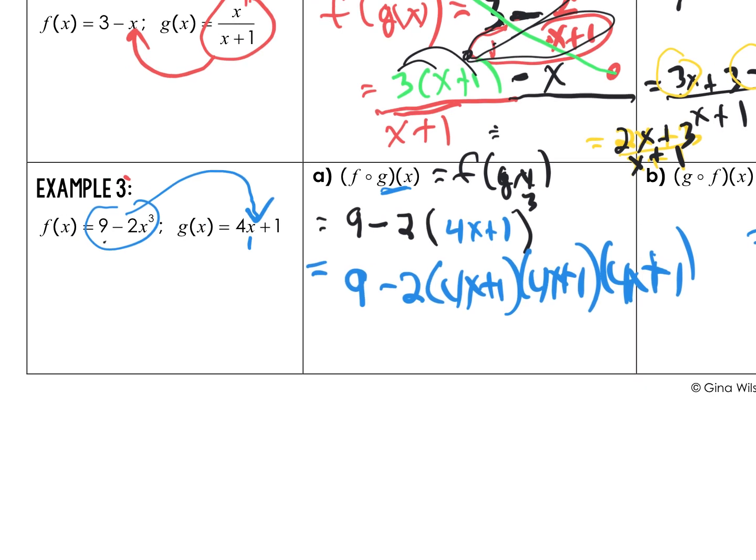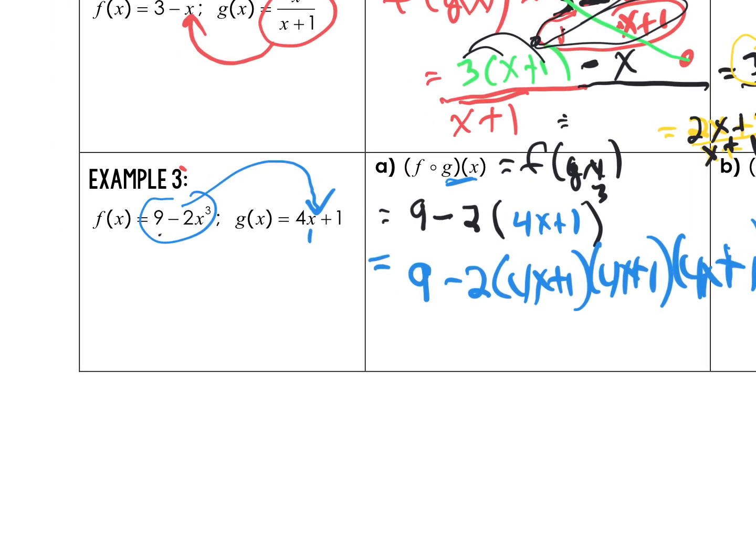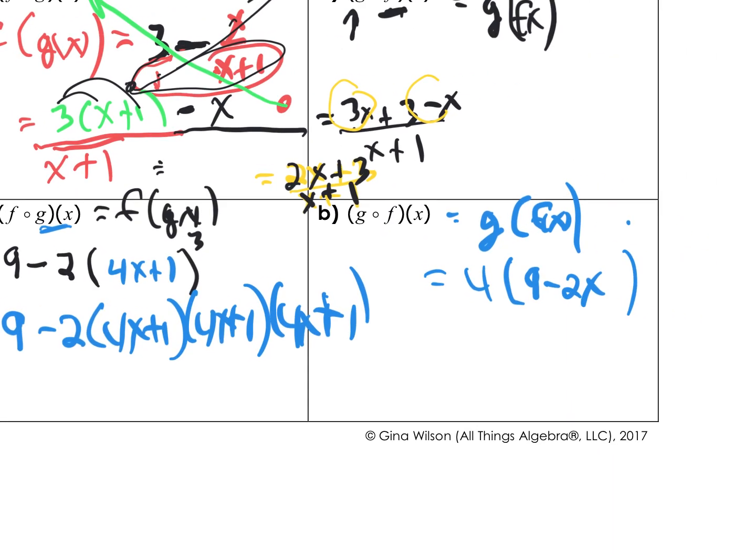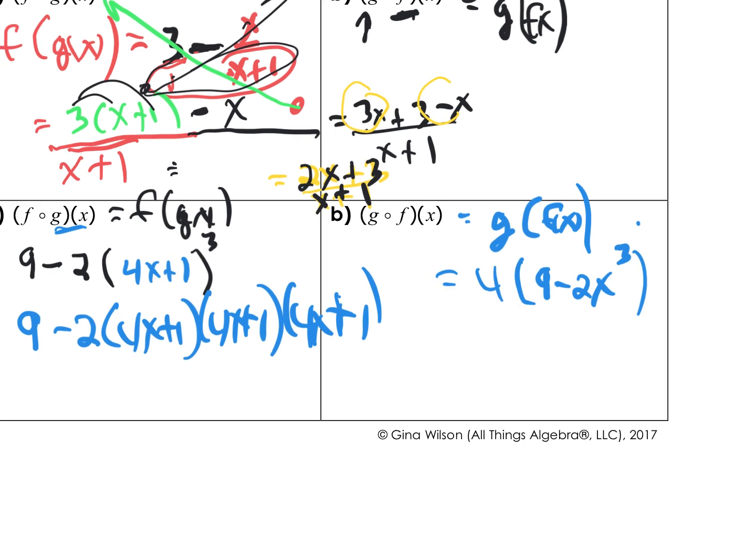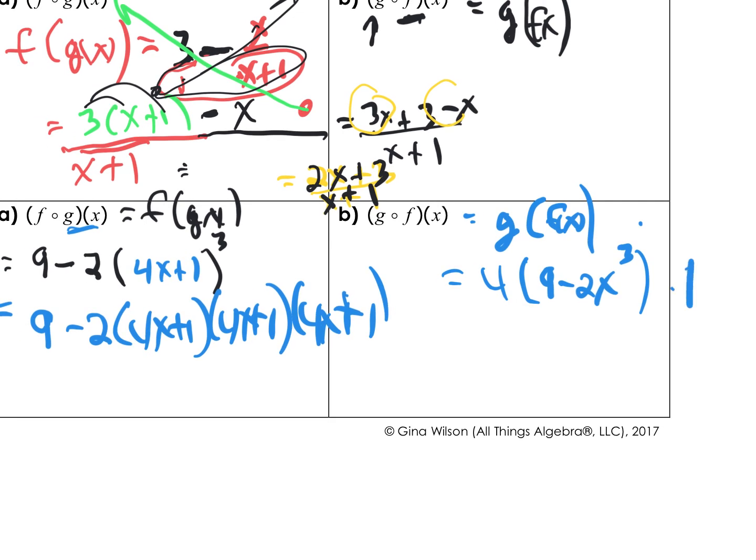That's not cubic. 9 minus 2x cubed. Forgot my cubed. There it is. There's my 4x. Was there anything else? I think there was a plus 1. Don't lose it. All of this is what f was.